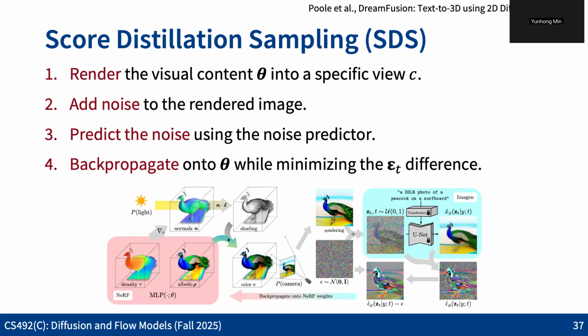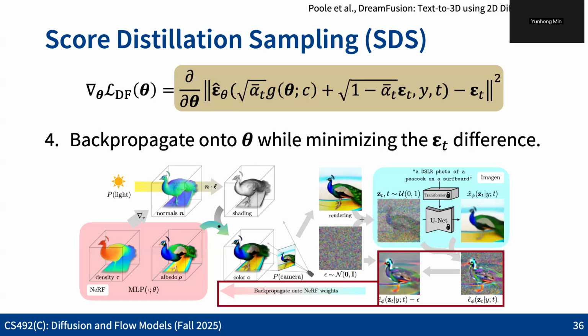Since we have a differentiable rendering function g here, the backpropagation of this loss can go all the way to the clean data point and also into the visual content. That's the key thing. Which means our rendering function obviously should be differentiable in this case. Is it clear?